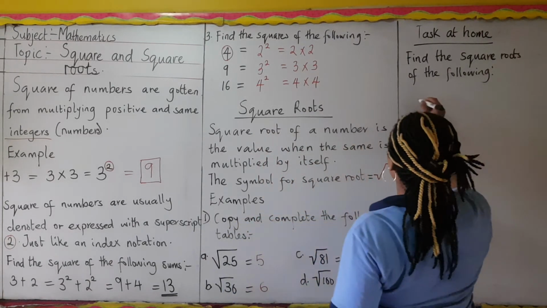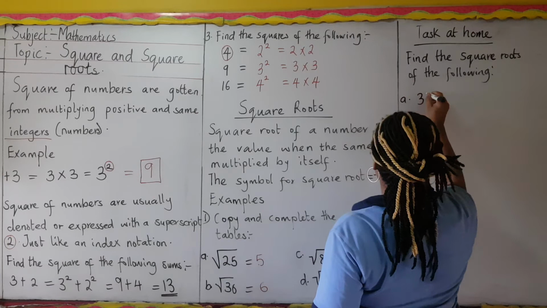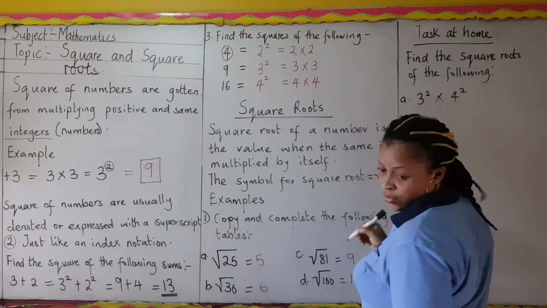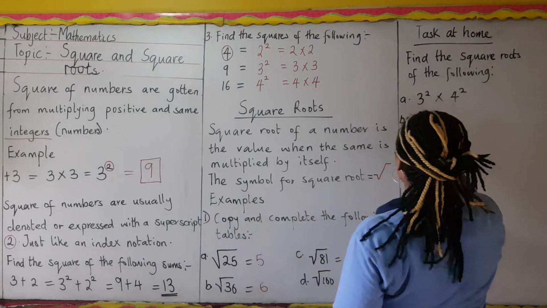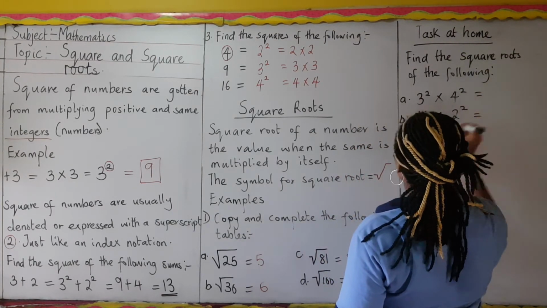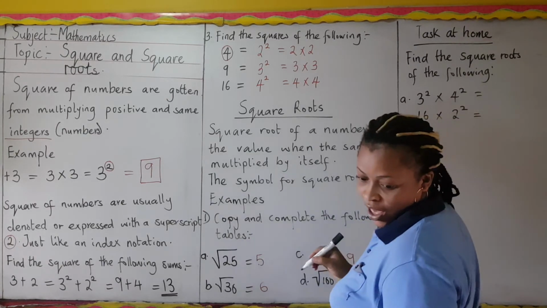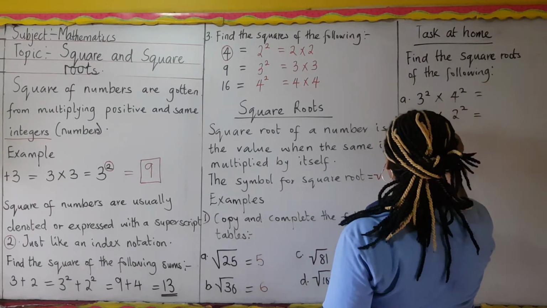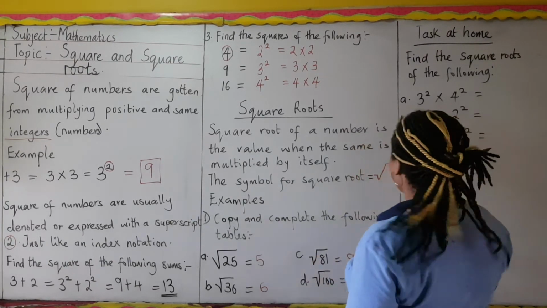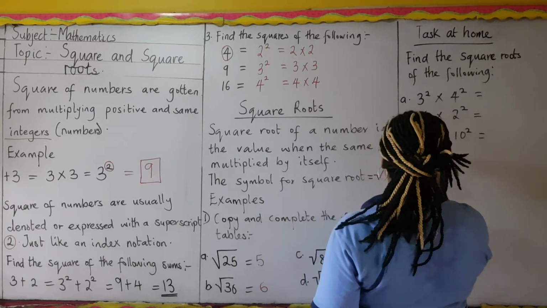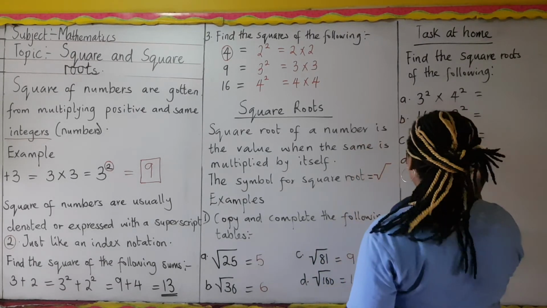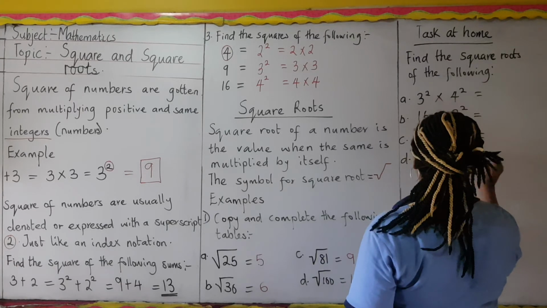Okay, so quickly, I'm going to give you this one. Alright, this is it. A, 3 squared times 4 squared. B, I have it to be 16 times 2 squared. C, I have it to be 81 times 10 squared. The next one, D, 225 times 7 squared.